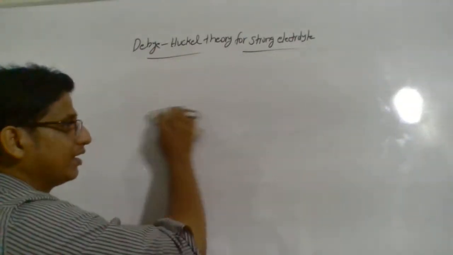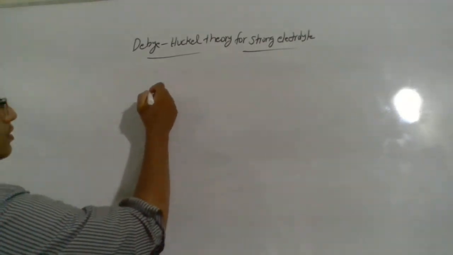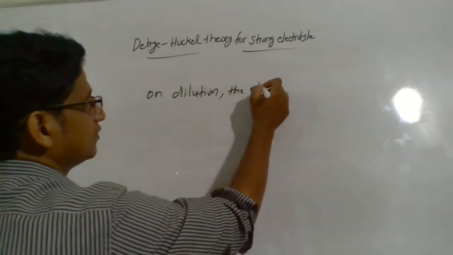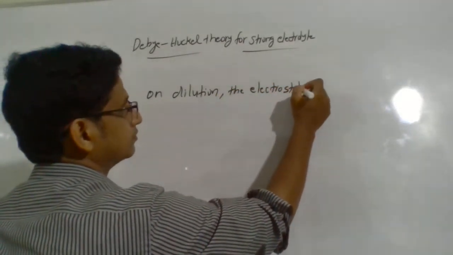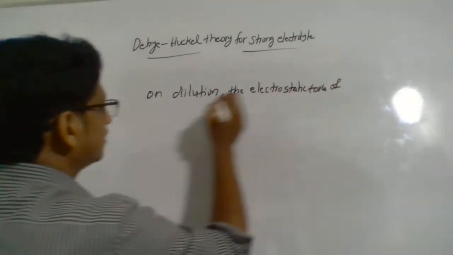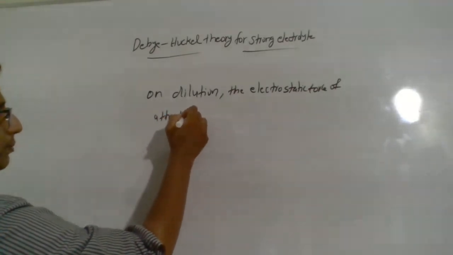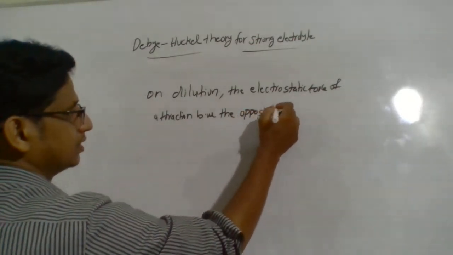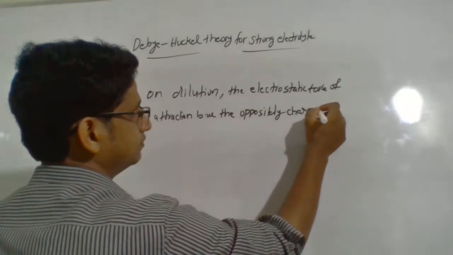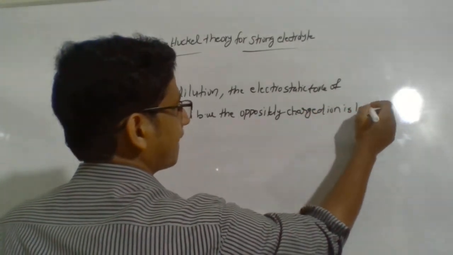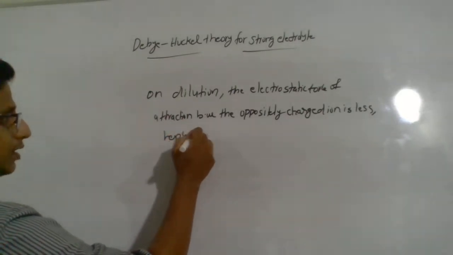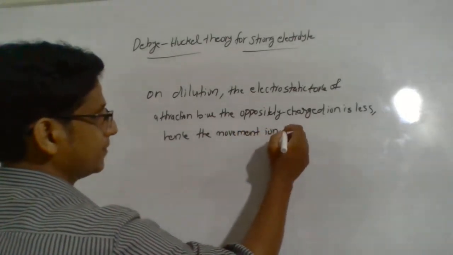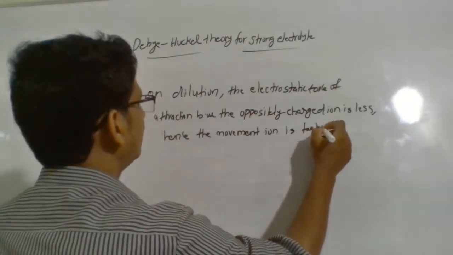Because on dilution, the electrostatic force of attraction between the oppositely charged ions is less, hence the movement of ions is faster in dilute solution.